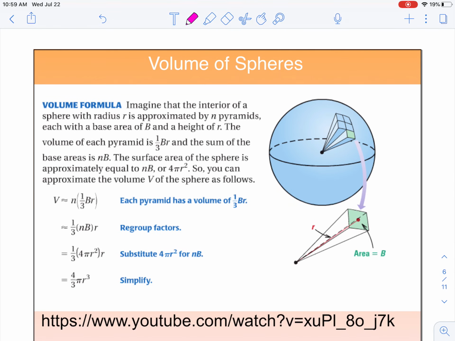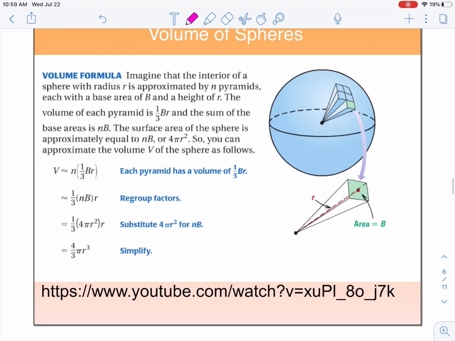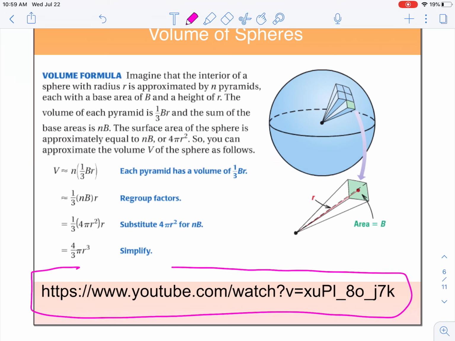But let's look at volume. This is a little bit more challenging to understand. And so you can kind of read through this explanation. Or again, if you copy and paste this, it's really kind of a cool, challenging video for you to think about, as the sphere being made up of a bunch of different pyramids.